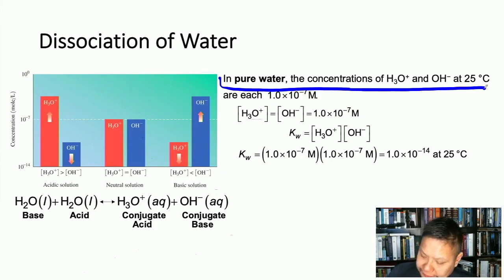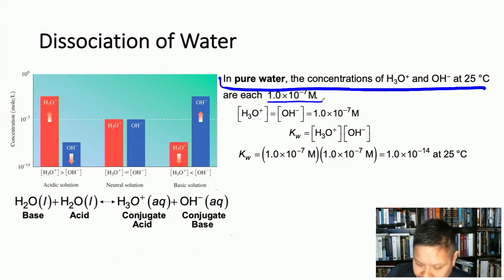And when it does that, both the concentrations are at 1.0 times 10 to the negative 7 molar. That means you have 1.0 times 10 to the negative 7 molar hydronium ions, and you have 1.0 times 10 to the negative 7 molar hydroxide ions, right?